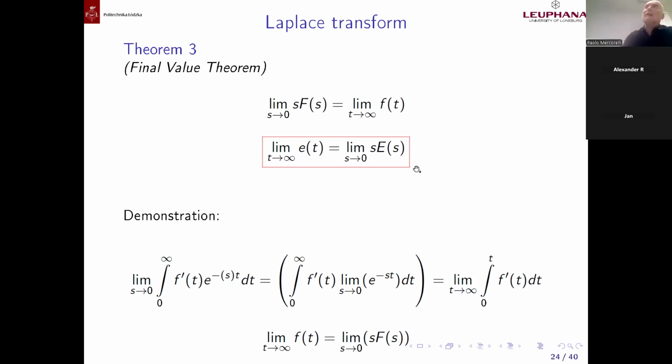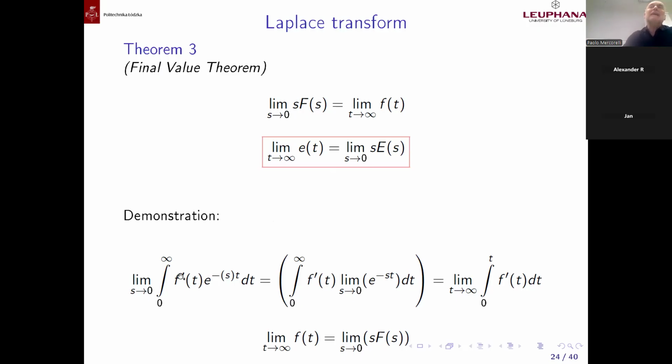Here I reformulate using a different notation. We have a function, e of t, directly using the Laplace, which we will see has many advantages. The demonstration is again extremely easy, just applying the definition of the Laplace of a derivative of a function.